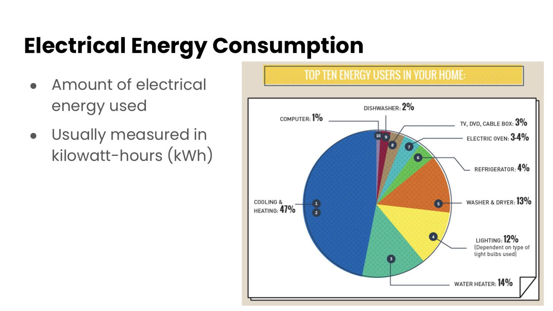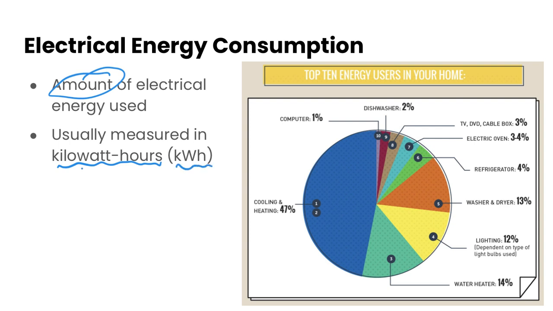Before we get into some calculations, we first need to define what electrical energy consumption is. It is really just the amount of electrical energy used. And typically it's measured in a unit called kilowatt hours, or kWh for short.